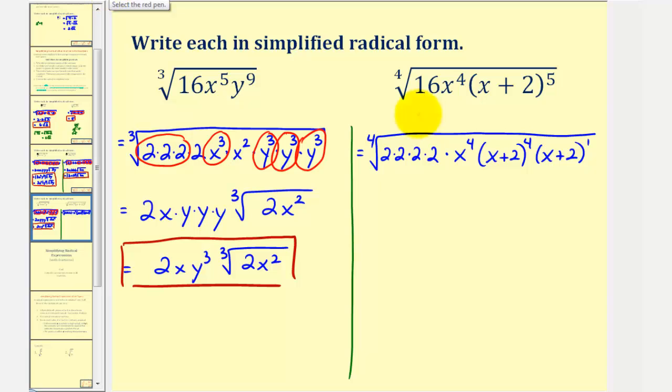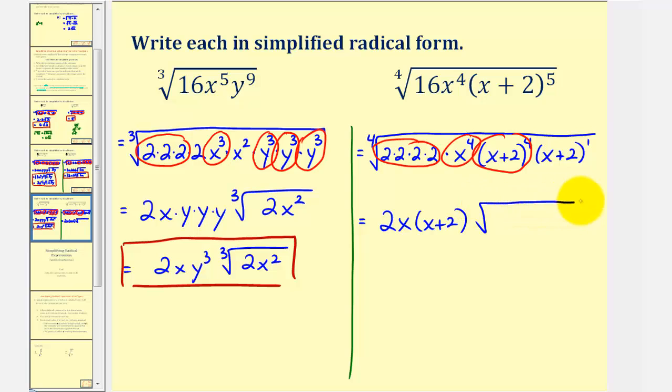Now because the index is 4, we're looking for groups of 4. Here's a group of 4, here's a group of 4, and here's a group of 4. So we have 1 factor of 2, 1 factor of x, and 1 factor of x plus 2. We're left with the 4th root of 1 factor of x plus 2.